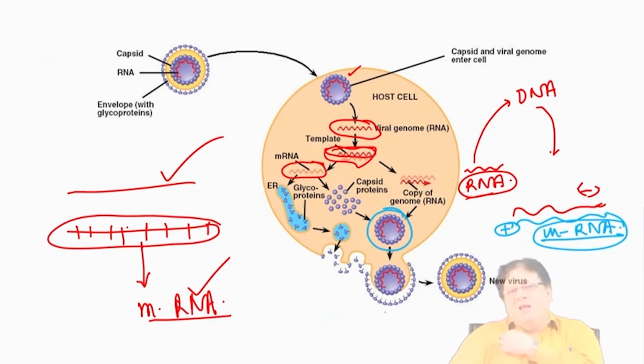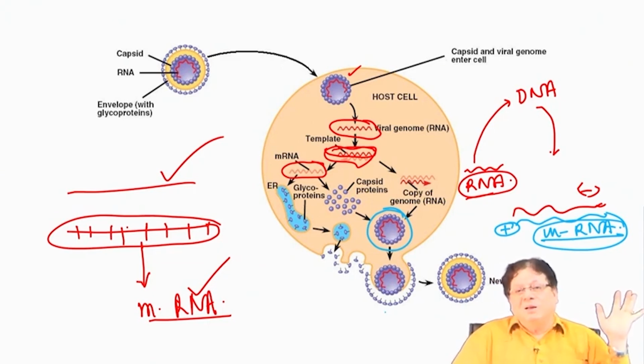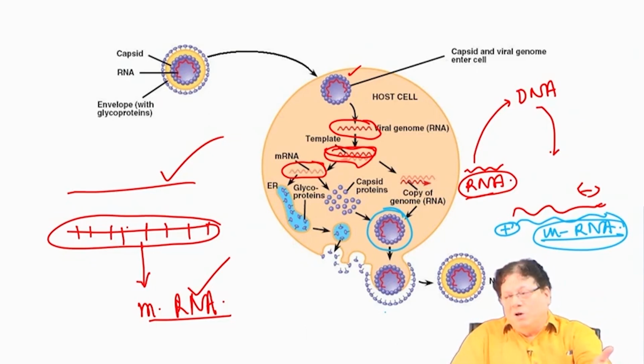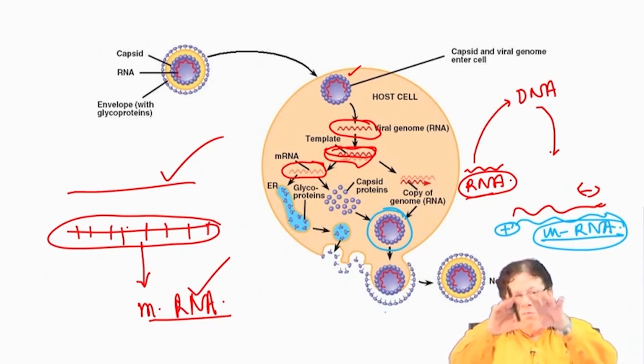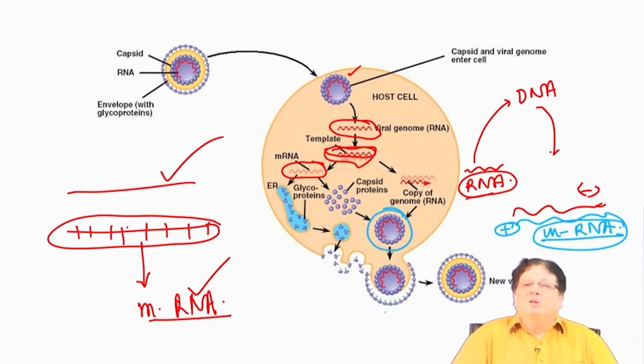But here the virus does not need to go to the nucleus, because DNA is not involved anywhere in the RNA virus. So it takes place in the cytosol, that means outside the nucleus, but within the contour of the cell. So, that is the RNA virus.